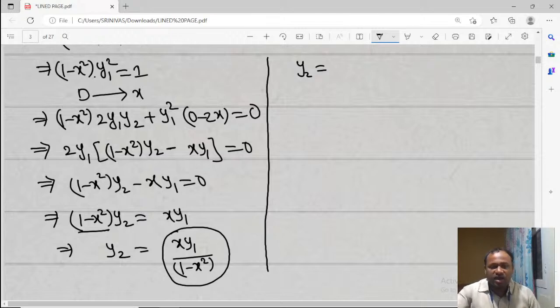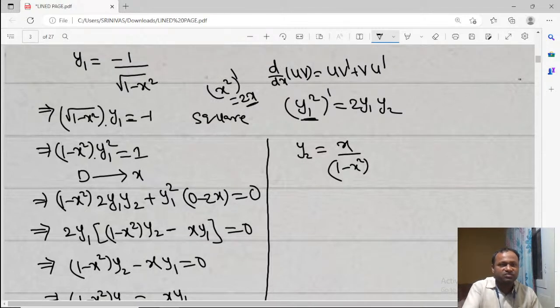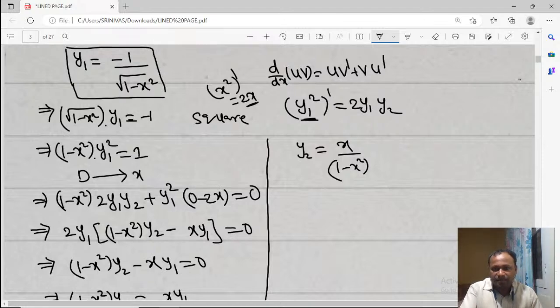Here you have x by 1 minus x square into y1. What is y1? Yes, this is y1. y1 is nothing but minus 1 by under root of 1 minus x square.